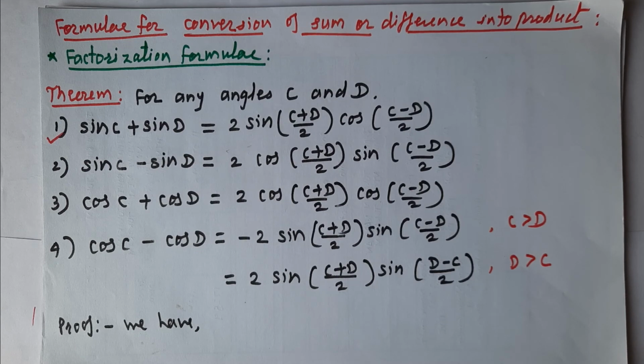To solve the problems in exercise 3.4, it is essential to remember these formulae. If you remember the factorization formulae, it is very easy to convert them into defactorization formulae. Okay students, remember this concept of factorization and defactorization formulae.